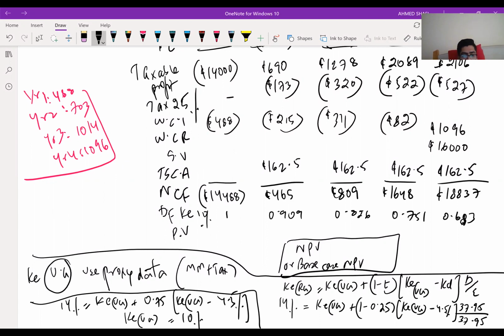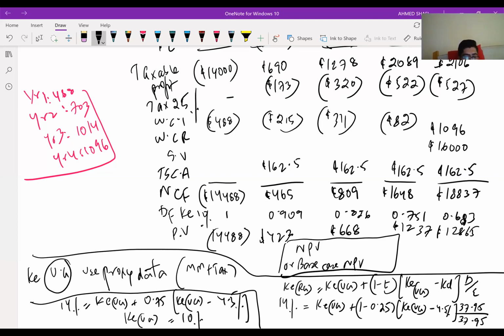You will get present values: 144, 88, 465 into 0.909, 423, 809 into 0.826, 668, 1648 into 0.751, 1237, and 12865.